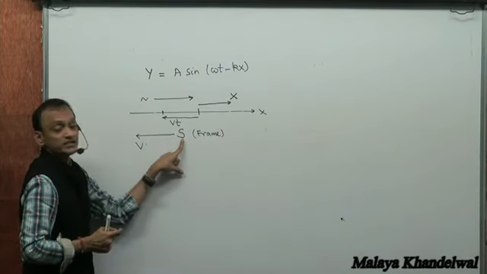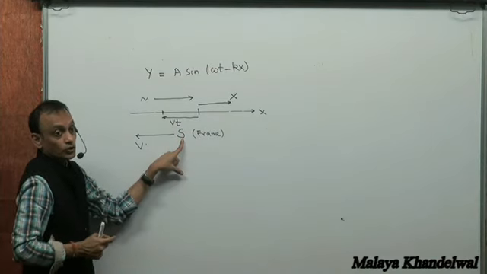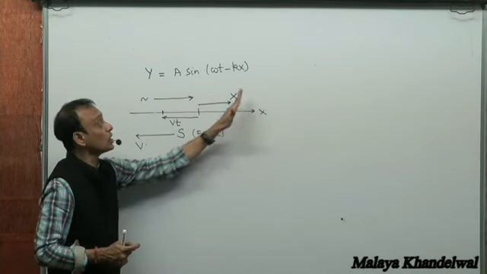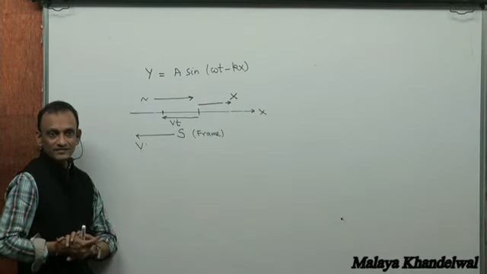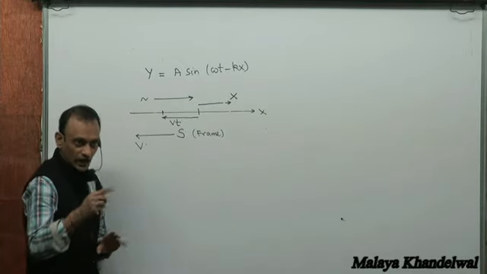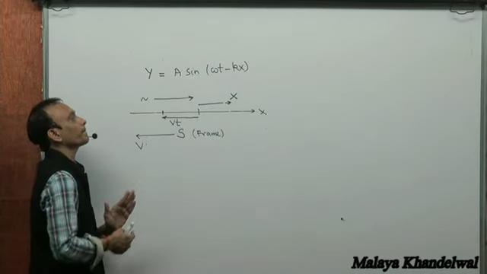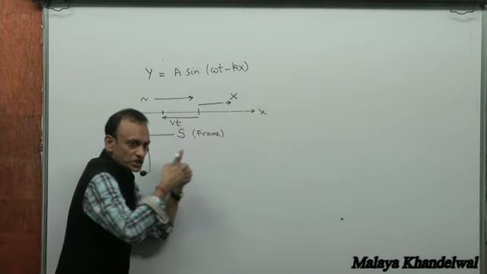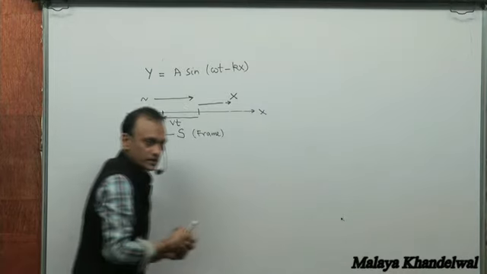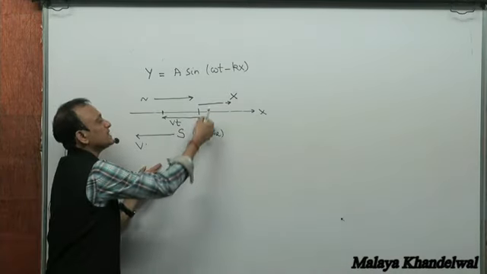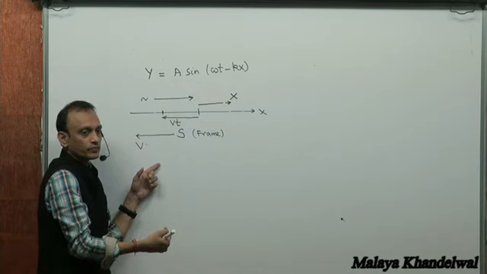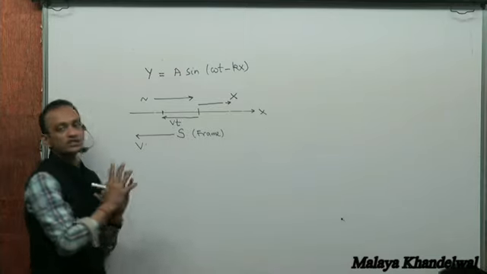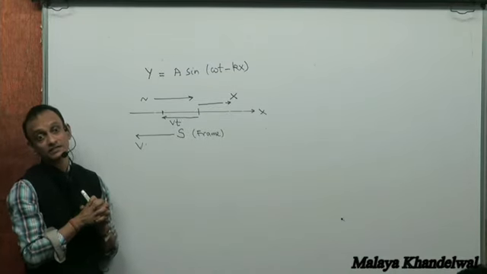So in a frame of reference attached to S, the amount by which the disturbance would have traversed is not x but is x plus vt. Yes or no? I'll repeat now. I'm saying if in a given time the disturbance with respect to the stationary medium has moved x units to the right, but the frame itself would have moved vt units to the left, then with respect to this frame, by what amount has the disturbance moved? vt plus x, right?